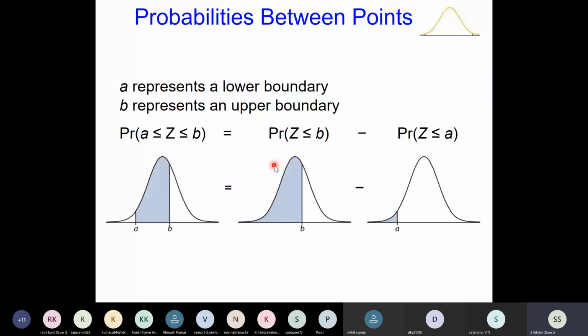You take up to this value, and then again subtract. If you subtract one from the other, you are left with only this dark portion. That's the way you have to do it in a numerical problem.